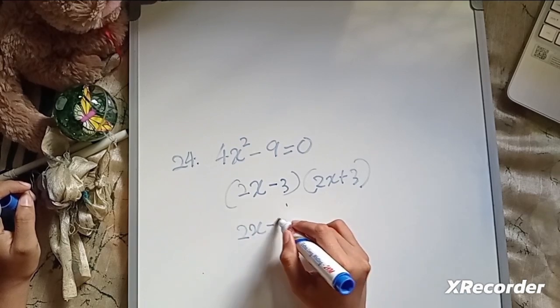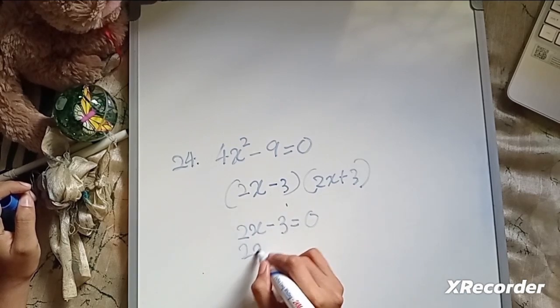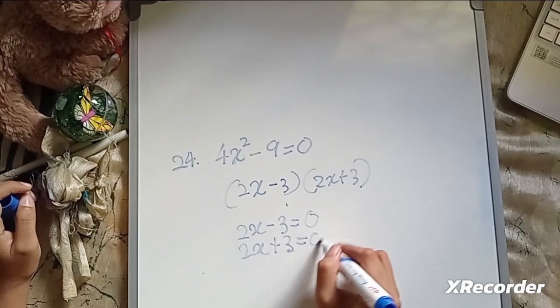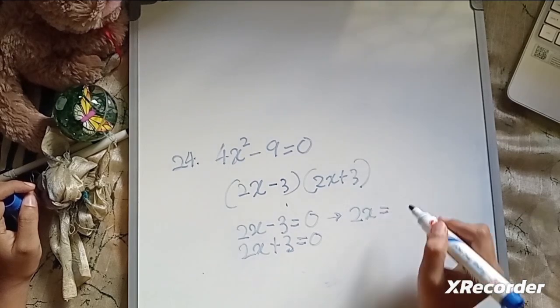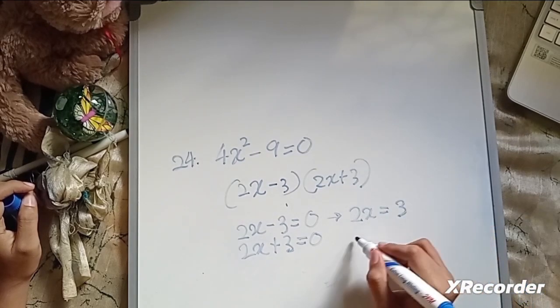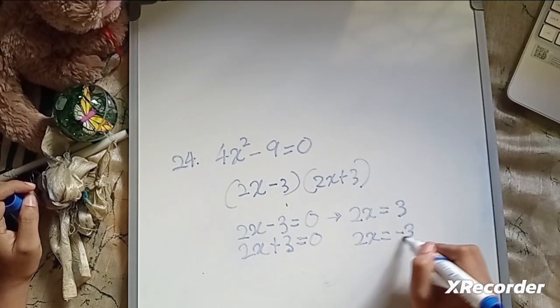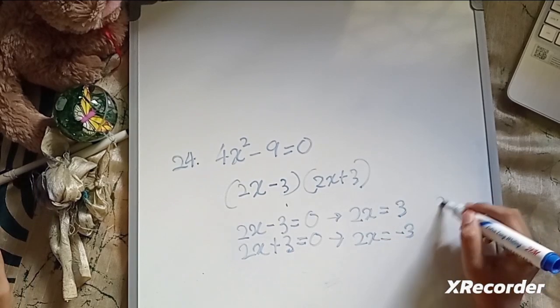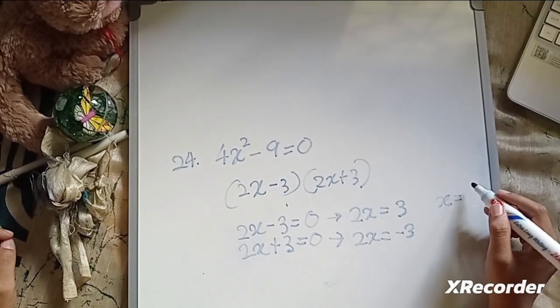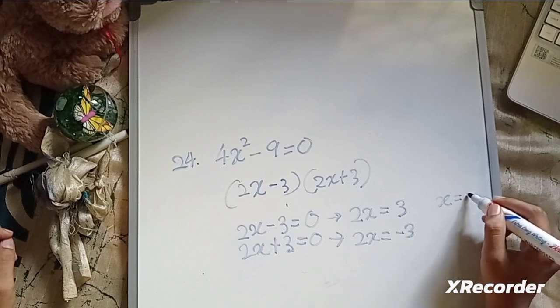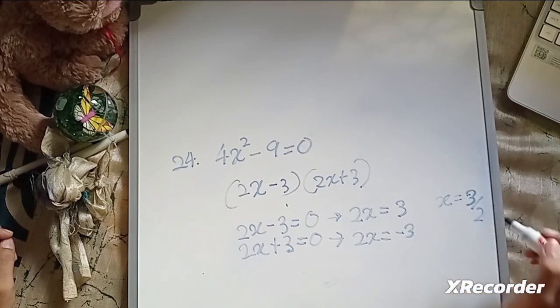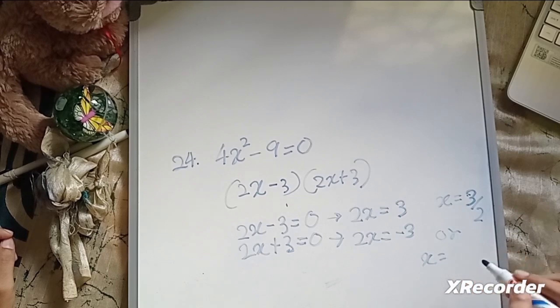So 2x minus 3 equals 0 or 2x plus 3 equals 0. From this, 2x equals 3, or 2x equals minus 3. So here we can say that x equals 3 divided by 2, or x equals minus 3 divided by 2.